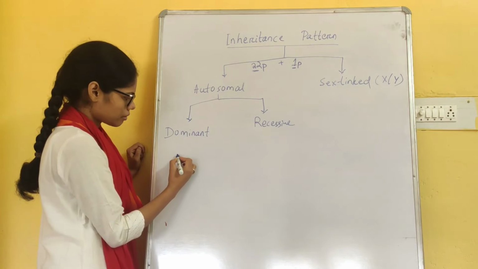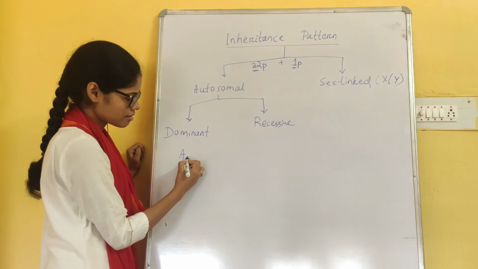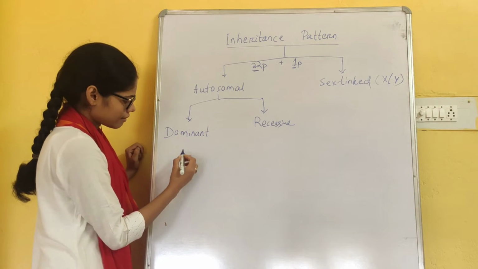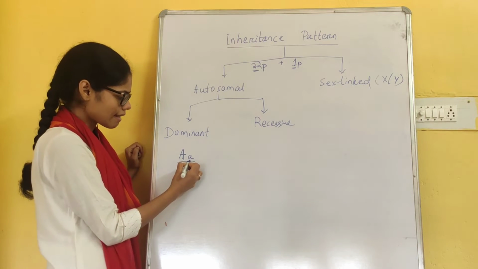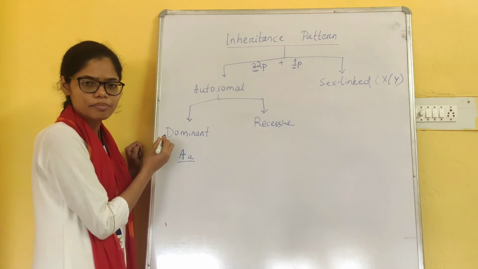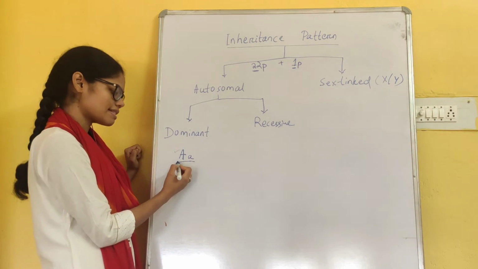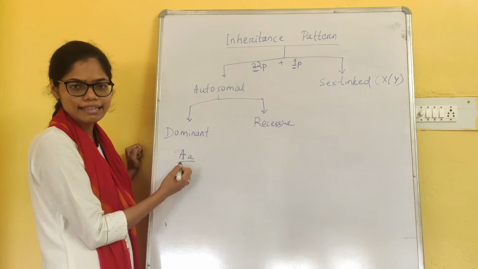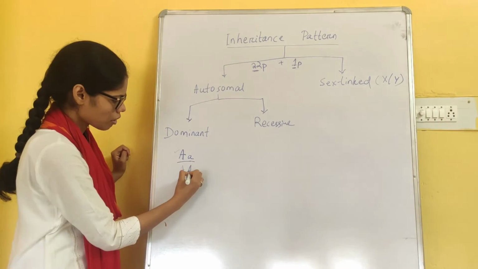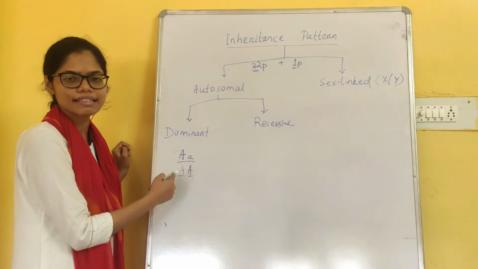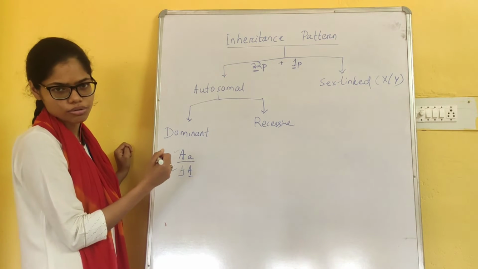If only one allele is present and if capital A is responsible for the disease and the disease is being phenotyped or shown in the presence of a single allele, then we are saying that it is a dominant allele or the disorder is dominant. Or if both dominant alleles are present and the disease is showing, then it is also dominant.